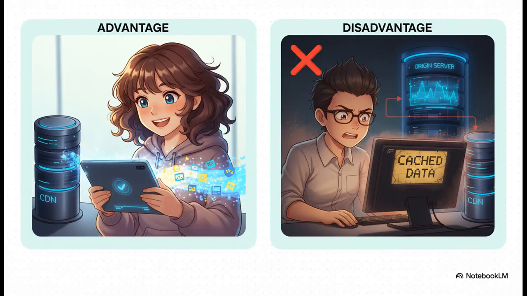The benefit here is pretty obvious, right? Users get their stuff so much faster because it's physically closer to them. But this system is really designed for static content, things that don't change very often, like a company logo or the basic layout of a website. And that makes it the absolute wrong tool for data that's constantly being updated, like, say, a live stock checker.